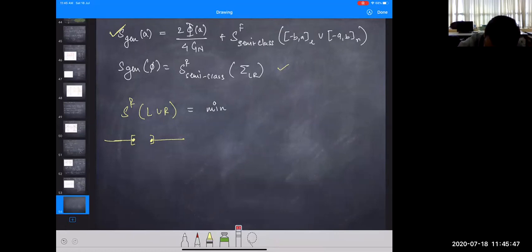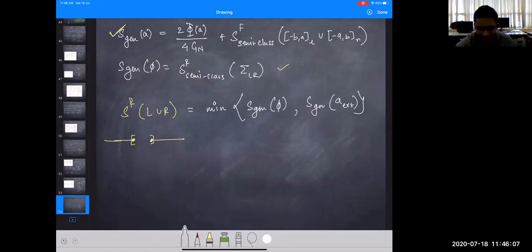It's just the minimum of S generalized phi, comma, S generalized over A, but it's an extremal A. So I have done the extremization problem. Let's assume I have done it and I get this. So this is the final answer. Okay. Now I will stop and please ask a question.